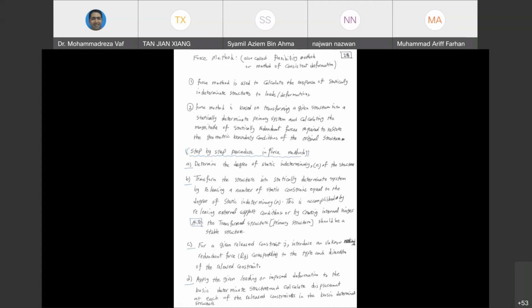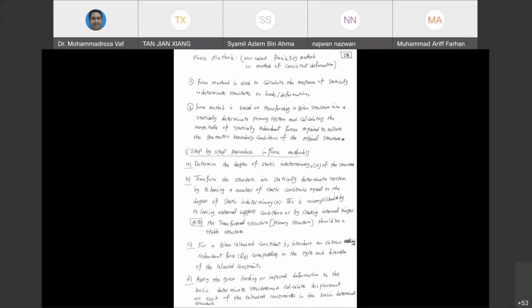In addition to that, if your structure is under settlement or any type of deformation or rotation, you can use this technique in order to get the internal forces. There are different names given for this technique, but mostly it's referred to as force method.